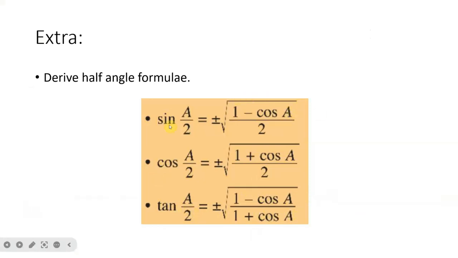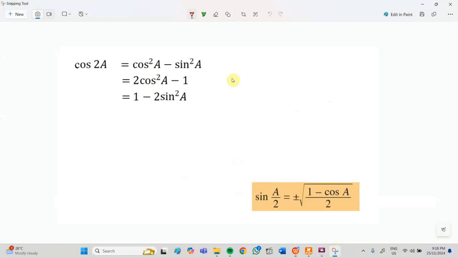And so we're going to see how to derive the first half angle formula, sine a over 2, by using the cosine 2a formula, the double angle formula. And notice that the half angle formula actually is not given in the exam. If you need to use this, you have to derive it yourself. So to derive this, we use this double angle formula, which is given in the formula list.